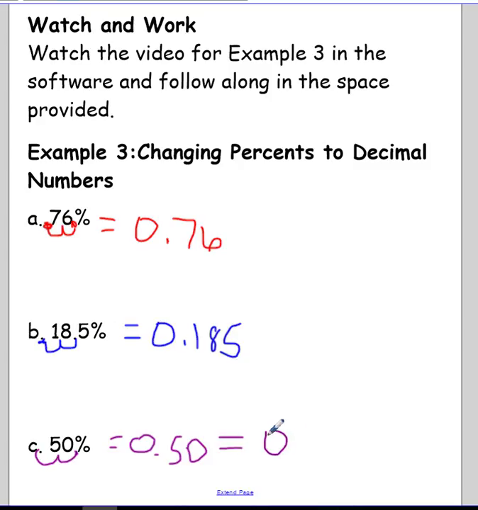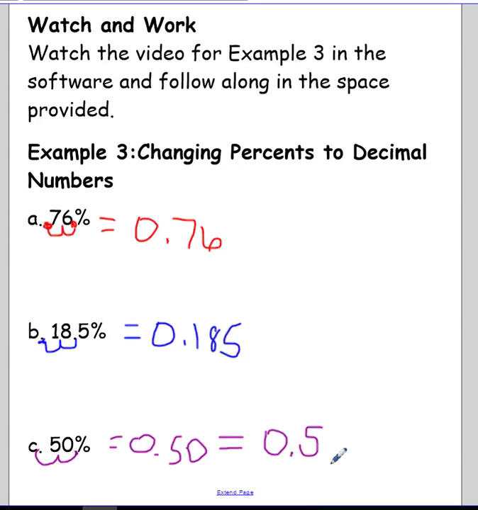We can simplify it to 0.5, which shows a good thing to remember: when we're going backwards from a decimal to a percent, sometimes we don't have enough spaces to move. To get a percent from a decimal, we're going 2 spaces to the right.